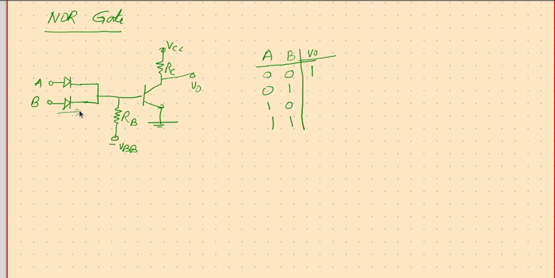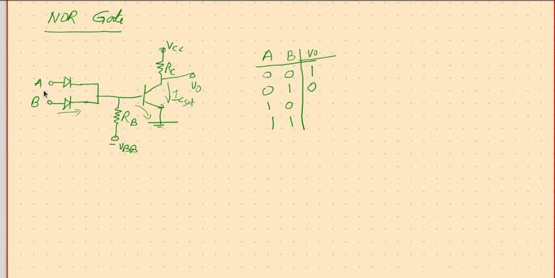And since current is flowing through this diode, there is a base current flowing through emitter base junction of the transistor, and hence the transistor gets into saturation and allows saturation collector current to flow, making a large voltage drop across RC, and therefore we get a very small voltage at output, which says it can be a 0.